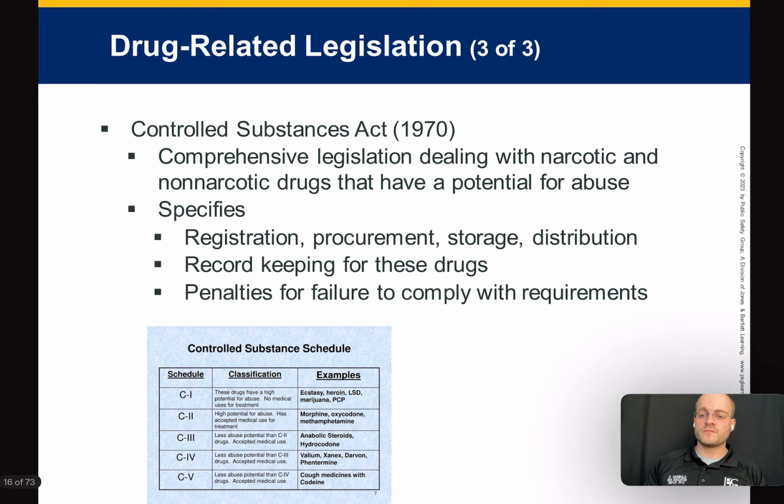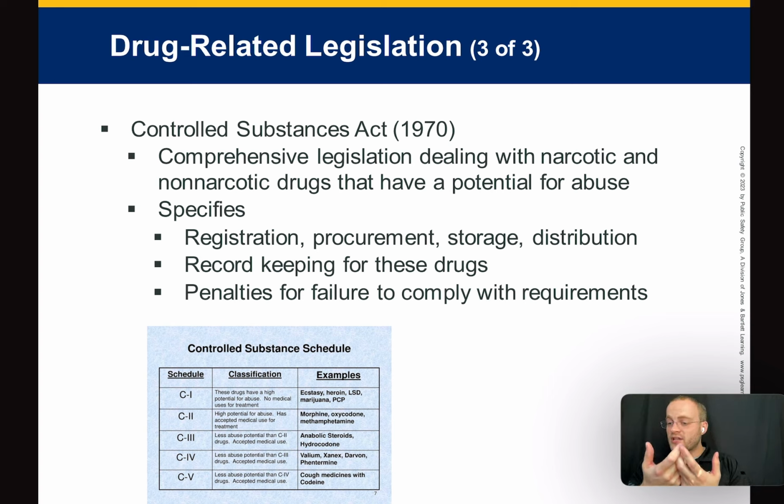Now, this is the more important one, the Controlled Substances Act. This is a pretty big package of legislation, and what it does is it labels drugs based on their abuse potential. It requires drug manufacturers and distributors and physicians to register these drugs and to know how we're storing them and distributing them and the process of buying them, right?